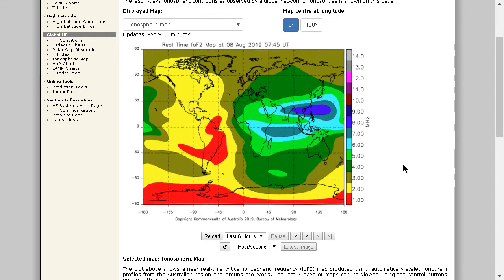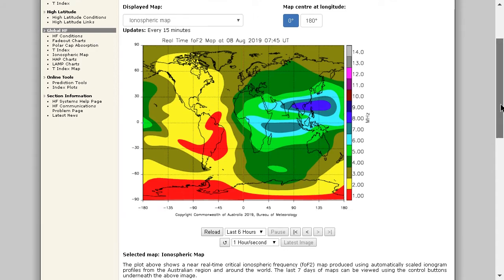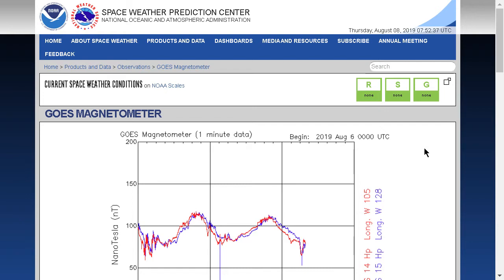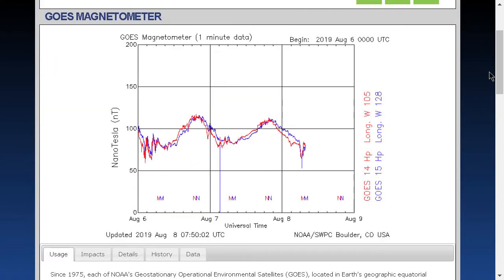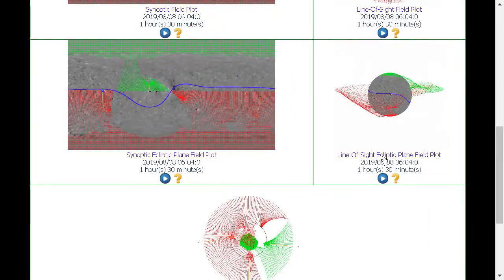F2 layer, not particularly discharged. Pretty normal here. Nothing to write home about there. Don't bunch up your panties over it. GOES magnetometer remaining spiky here, although it looks like it's going to now smooth out. Again, that sunspot has evaporated, and it's messing with the fields.